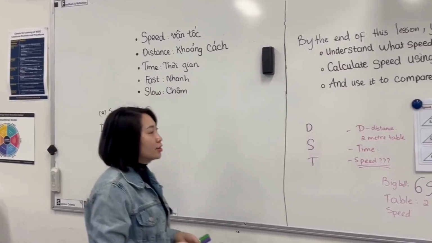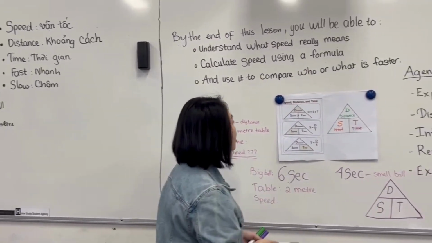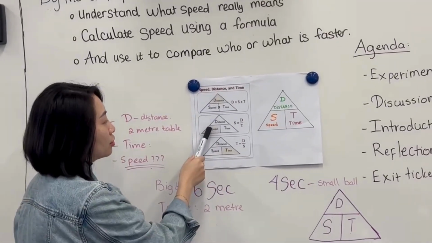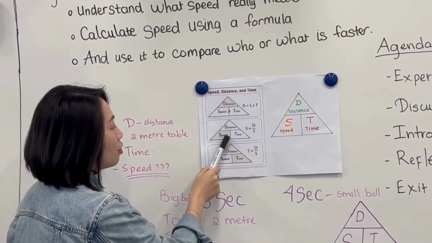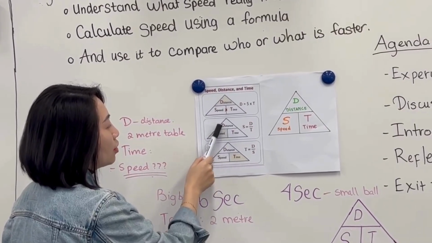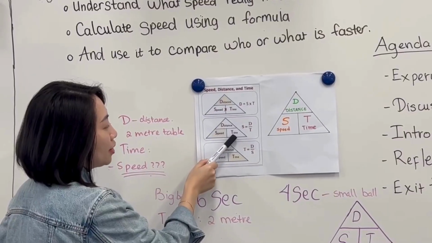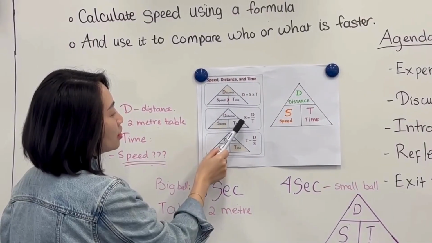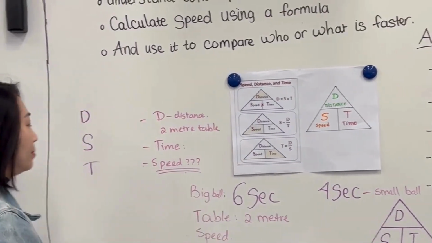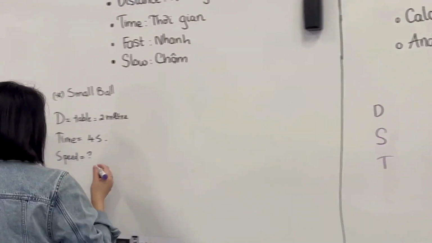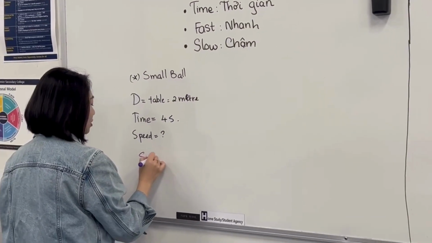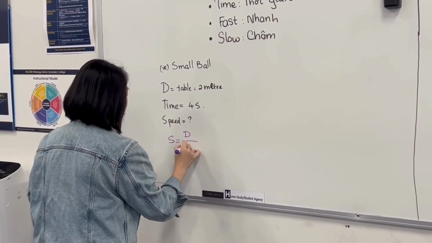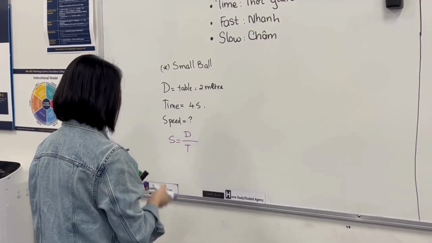So have a look at the formula. To find out the speed, we use the middle triangle here. We need to find out the speed, so we have distance on top, time underneath. All we need to do is get the distance divided by time. So the formula is speed equals distance divided by time.